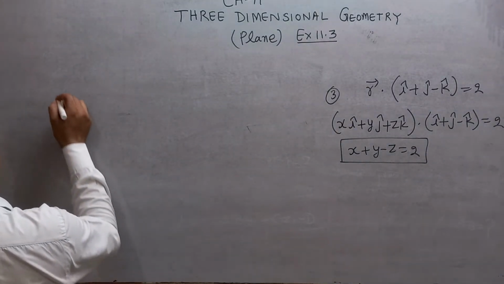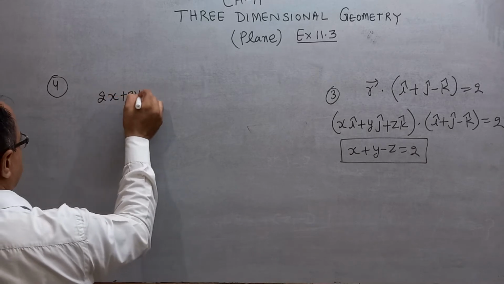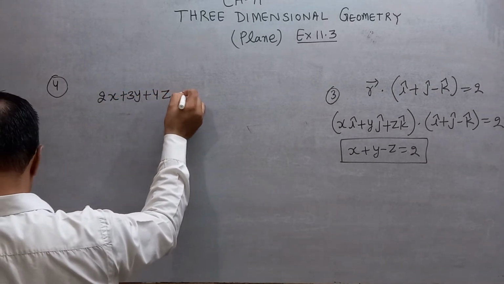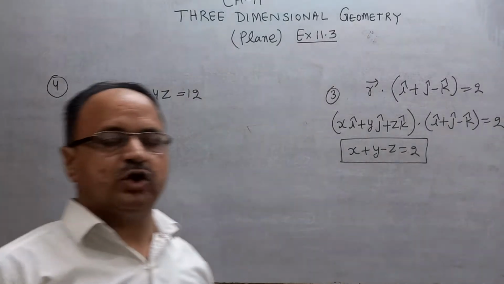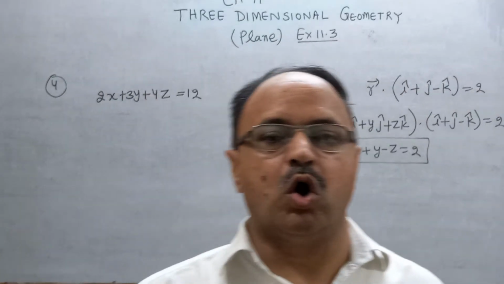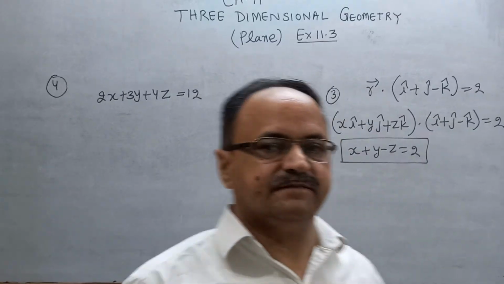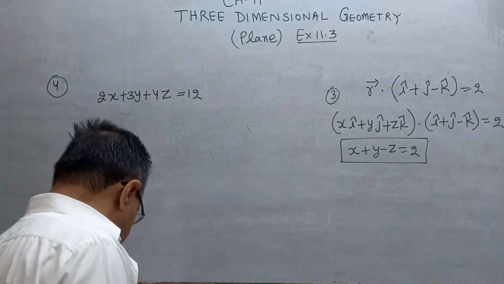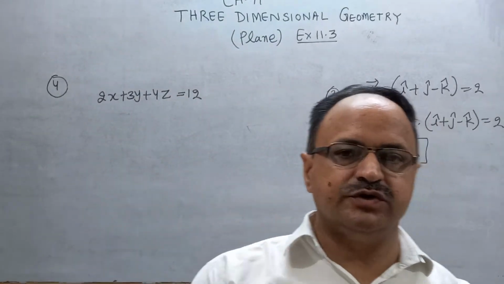Question number 4. You know that 2x plus 3y plus 4z is equal to 12. In this question, find the coordinates of the foot of perpendicular from the origin. Correct? The formula for the foot from the origin you know very well: ld, md, nd. So firstly convert the equation into the form lx plus my plus nz is equal to d.